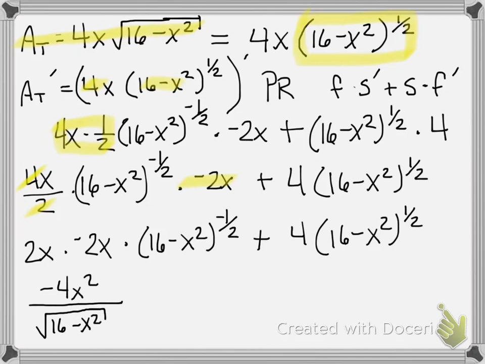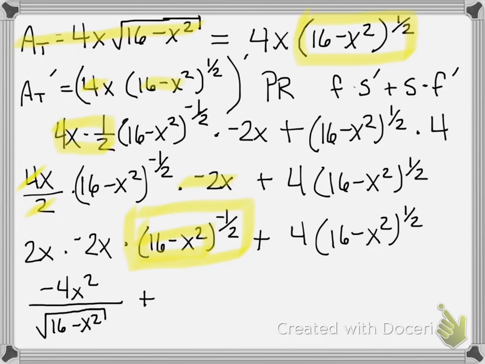And that is because right here we have a negative sign, so that means we're going to put it in the denominator, and then we're going to have the 16x squared down here in the denominator, and since we still have just a 1/2 power, that's the square root. So there we're going to get negative 4x squared over the square root of 16 minus x squared.